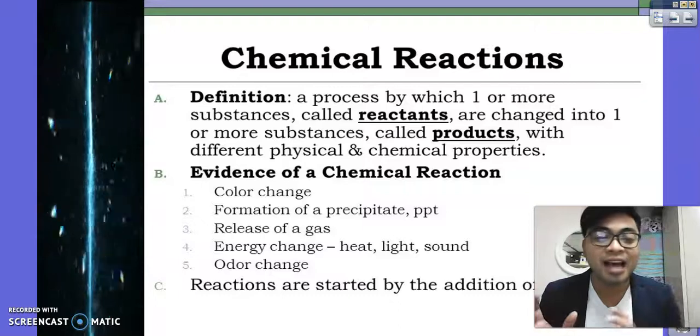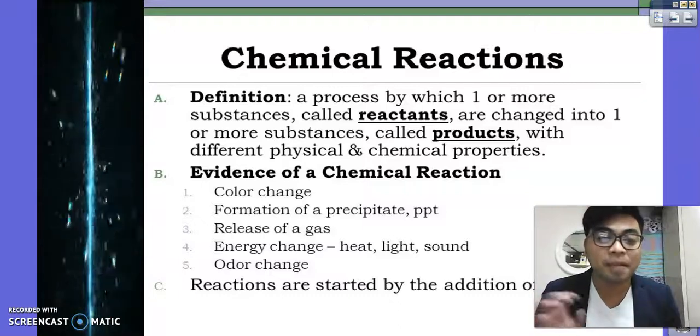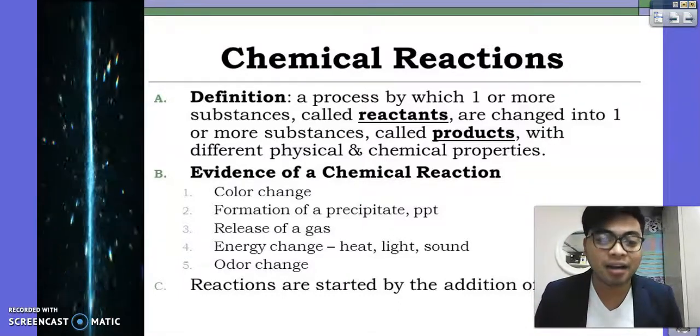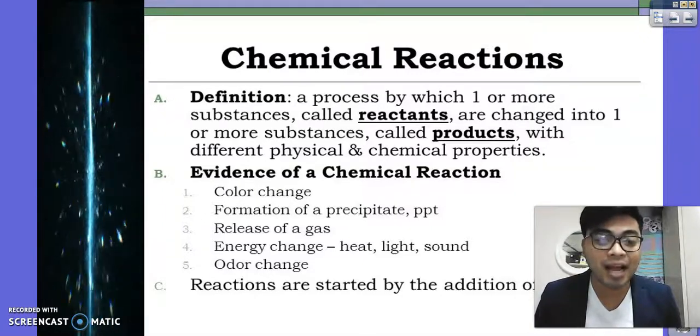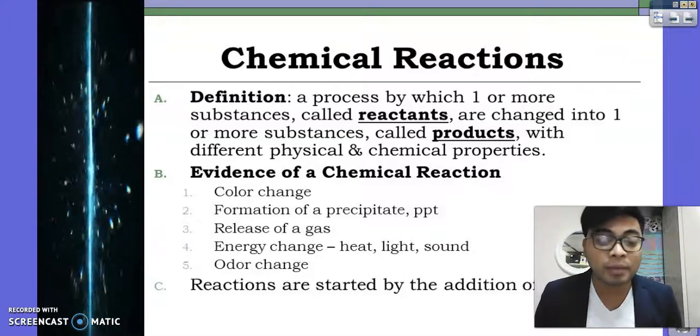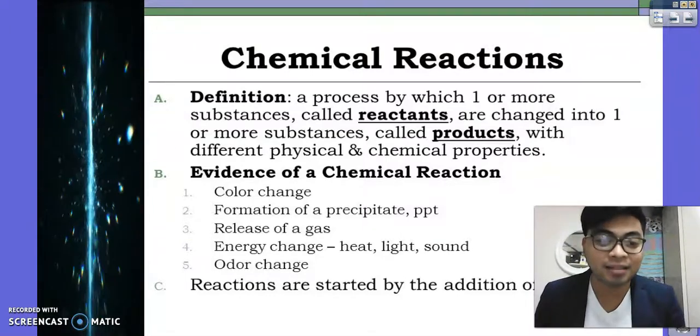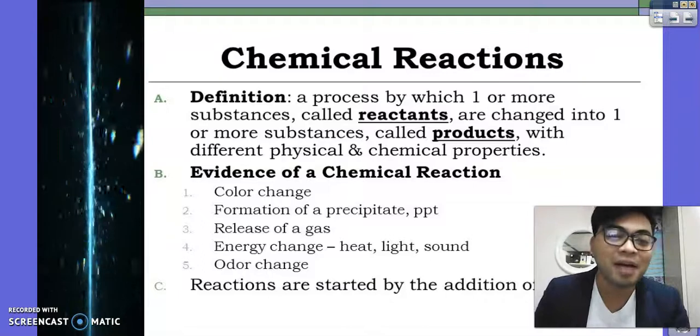In our previous example, we have magnesium plus hydrochloric acid. These are your reactants, and your product here is magnesium chloride. And what is produced? We will be producing hydrogen gas in that process. Please recall our previous lesson before.